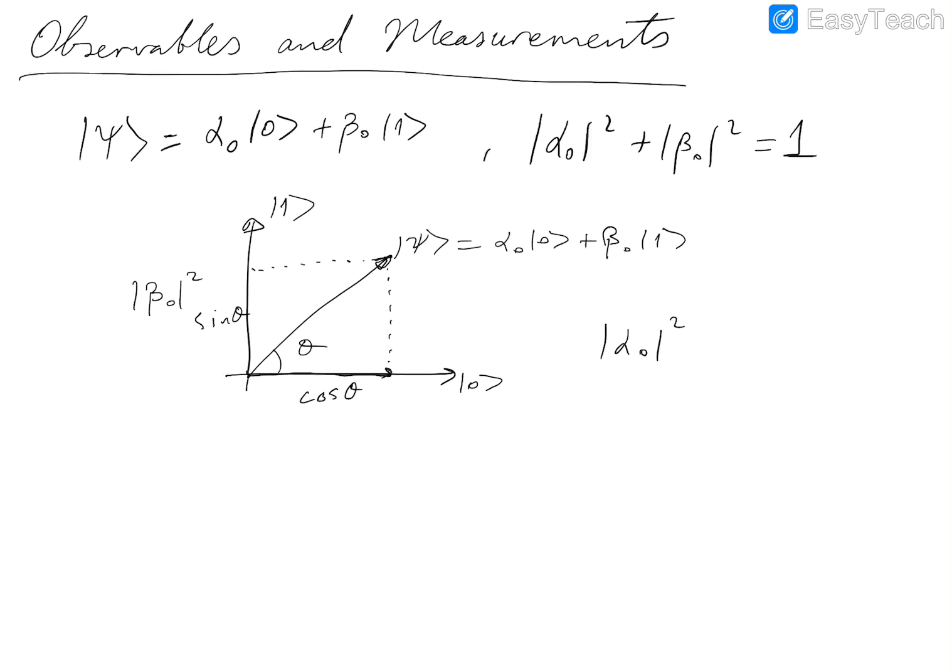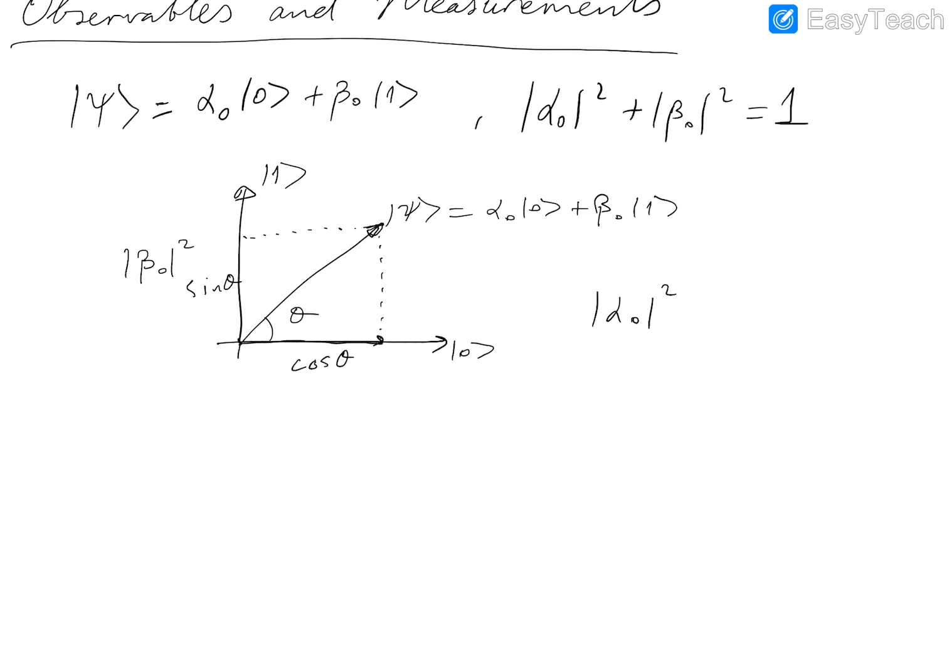So not only can we measure on the canonical basis, but we can measure in any set of orthonormal basis states. So consider the set of basis states. Suppose that u is 1 over square root 2 ket 0 plus 1 over square root 2 ket 1.